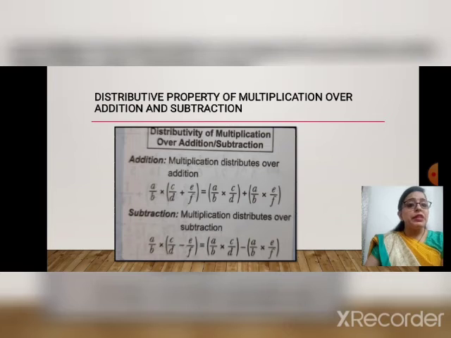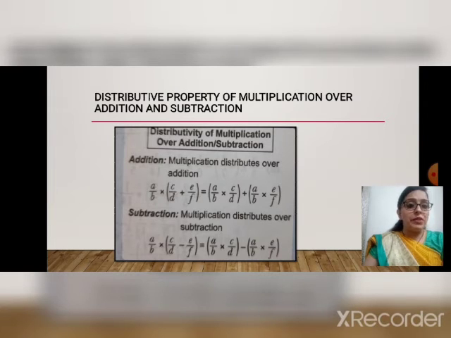Next is the distributive property of multiplication over addition and subtraction. It is applicable only over addition and subtraction. Multiplication distributes over addition when we take A/B as common, multiplied by (C/D + E/F).